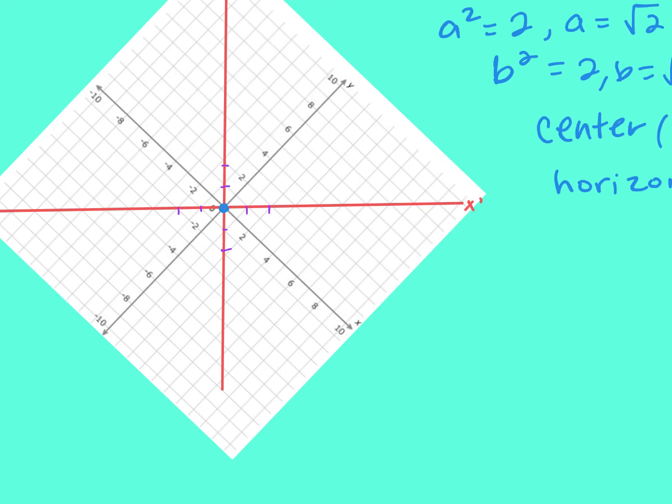Because it's horizontal, I'm going to go right and left to get my vertices. I'm going to go up and down to get my co-vertices. I'm going to draw my box. I'm going to draw my asymptotes through the corners of this box.